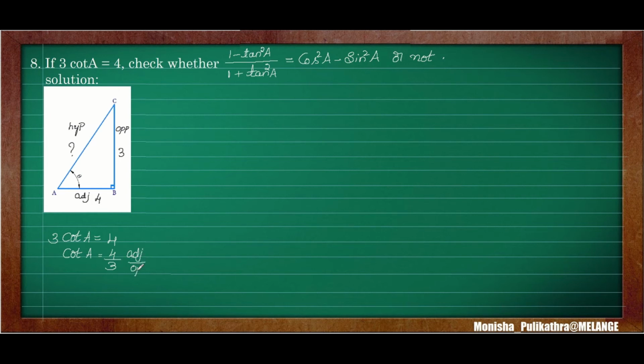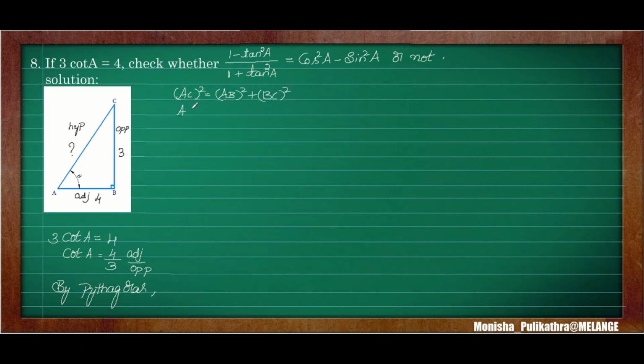So adjacent by opposite. Here adjacent is 4 and opposite side is 3. Now one side is missing, that is the hypotenuse side, so we can apply Pythagoras theorem. By Pythagoras theorem, hypotenuse square is equal to sum of the squares on other two sides.